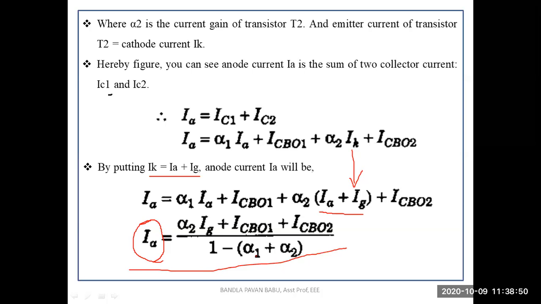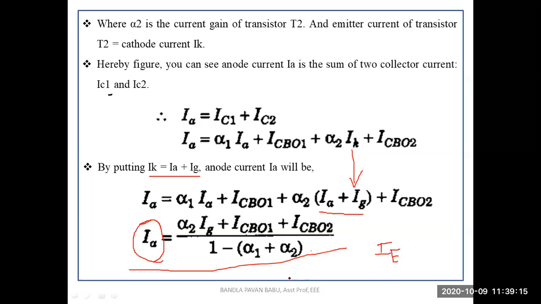Okay, so this is the equation, and this combination alpha 1 plus alpha 2 is the current gain of the two transistors, alpha 1 for the first transistor and alpha 2 for the second transistor. This alpha 1 plus alpha 2 depends on the emitter current, that is IE.